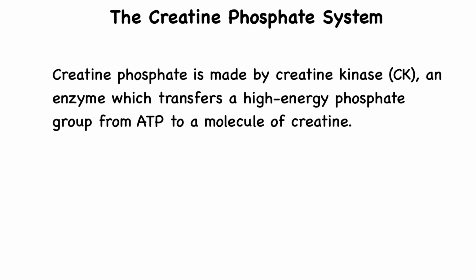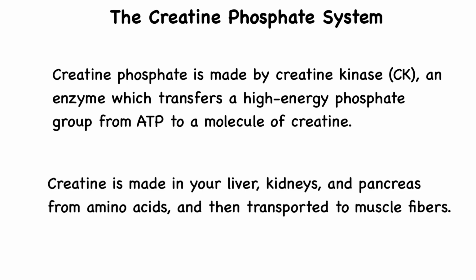Creatine itself is a compound that your liver, kidneys, and pancreas naturally produce from amino acids, and it's then transported to your muscle fibers. Once inside the muscle fibers, creatine can be turned into creatine phosphate, which is about 3 to 6 times more abundant than ATP in a relaxed muscle.